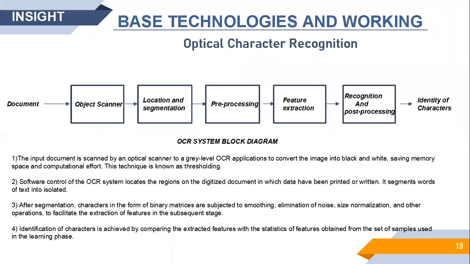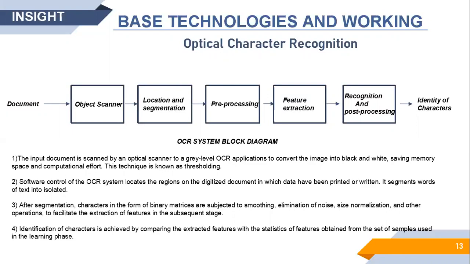The software control of the OCR system locates the regions on the digitalized document in which data have been printed or written. It segments the words of text into isolated characters. That is done in location and segmentation. After segmentation, the characters in the form of binary matrices are subjected to smoothing, elimination of noise, size normalization, and other operations to facilitate the extraction of features in the subsequent stage. That is done in pre-processing.